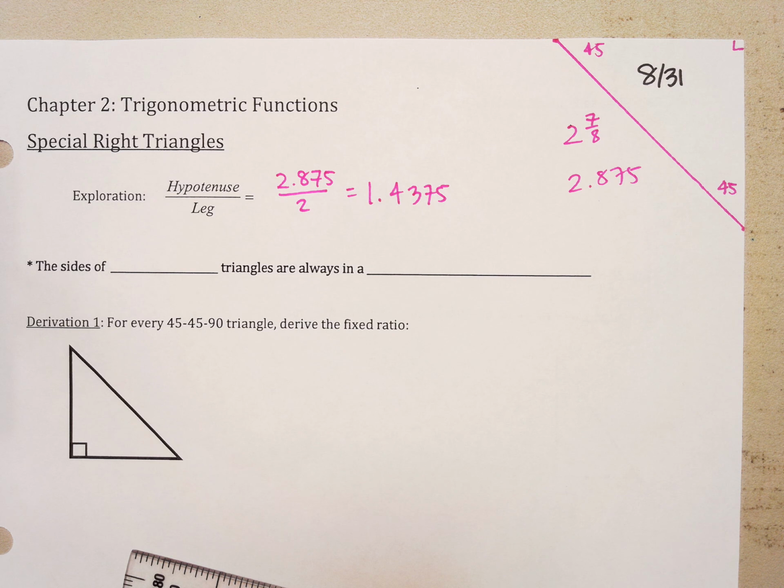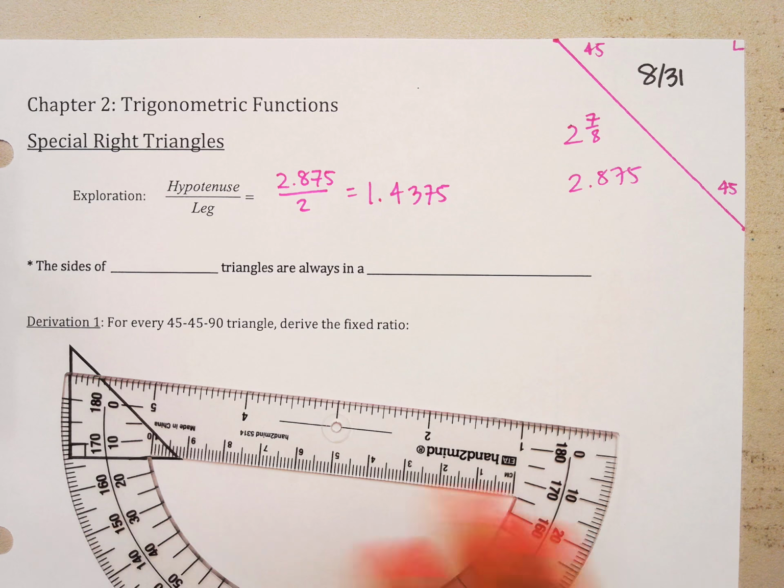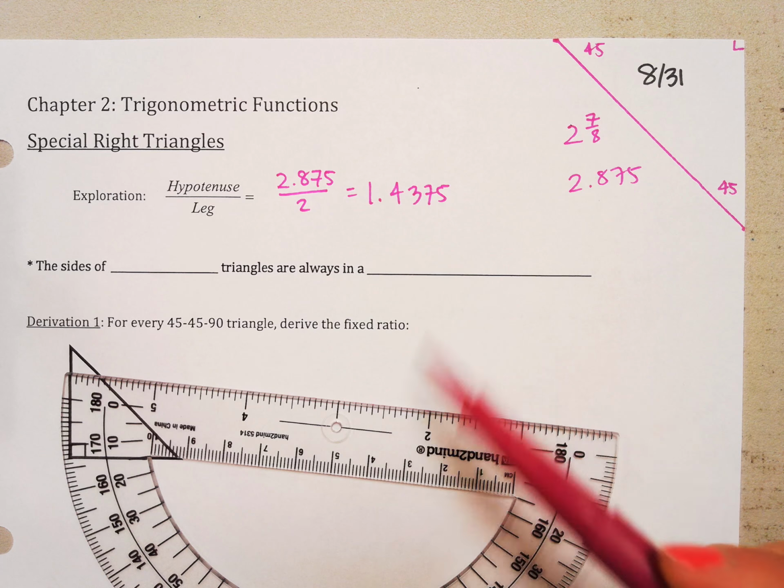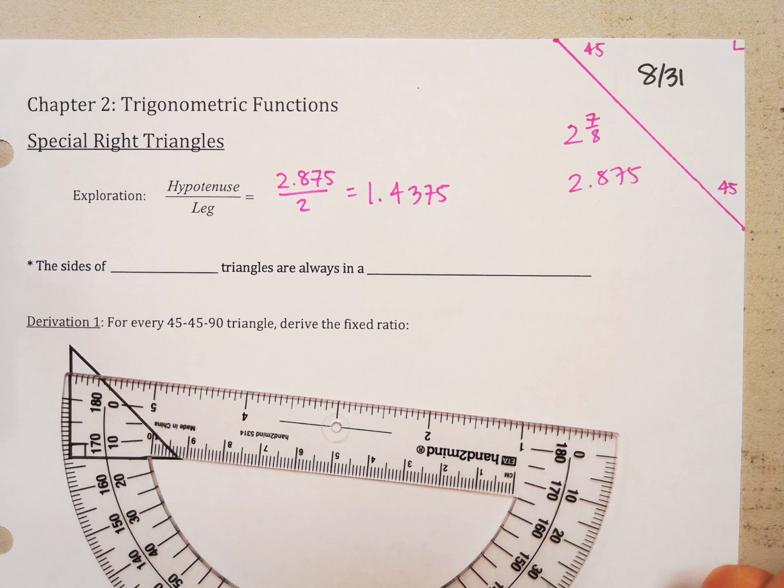Now, if you did this, you might have some user error, because I'm not perfect and I maybe didn't measure it super amazingly, or maybe my ruler is not perfect. But if we did this enough times, with enough people and enough trials, we'd uncover that everyone's ratio would end up being a similar, fixed number.